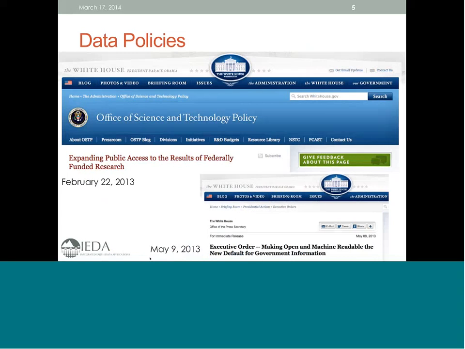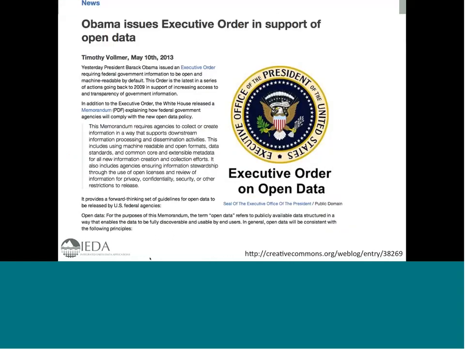The second one was in May, an executive order to actually make the data machine readable and openly accessible, ensuring that all the search engines and data analysis tools that are being built can actually take advantage of the data that are out there. This is just another slide of this executive order.